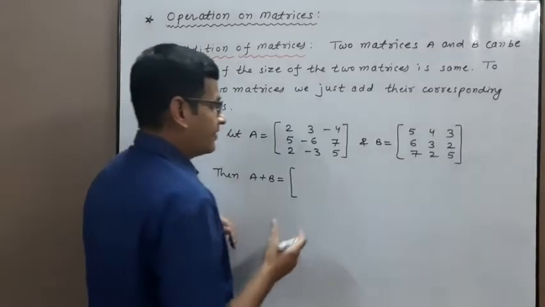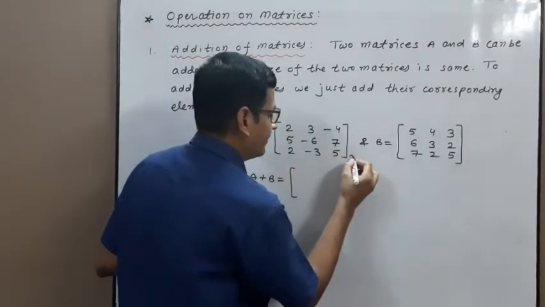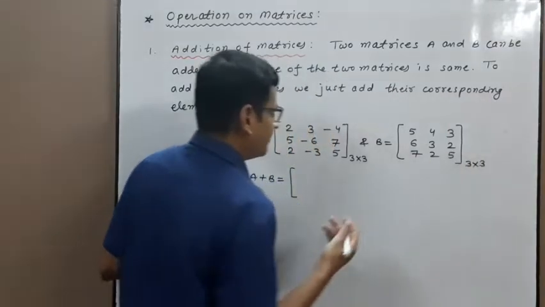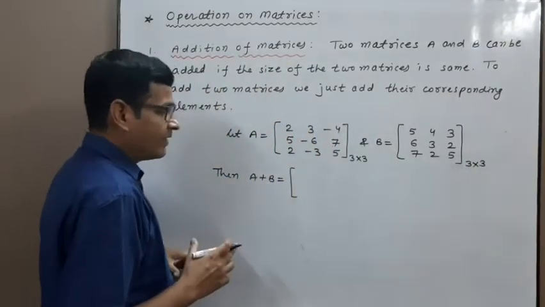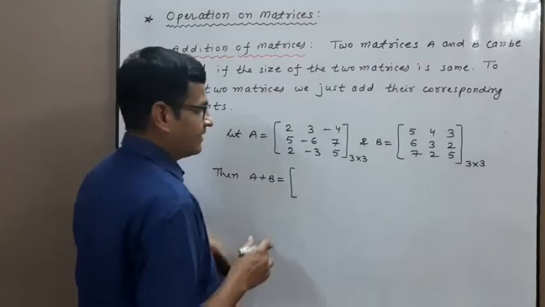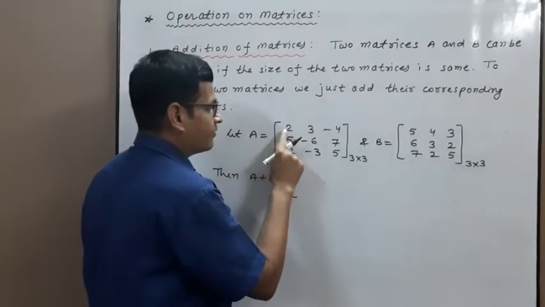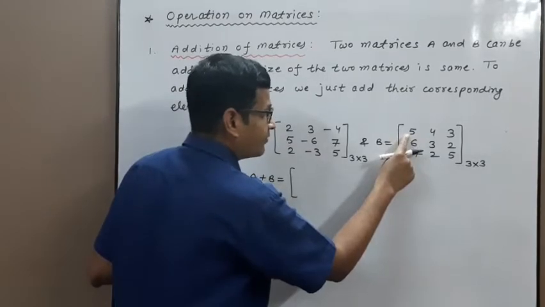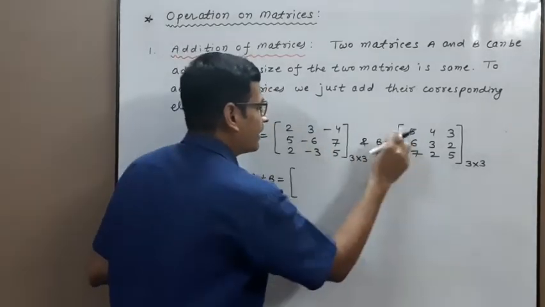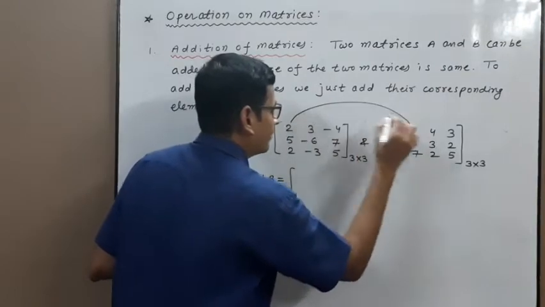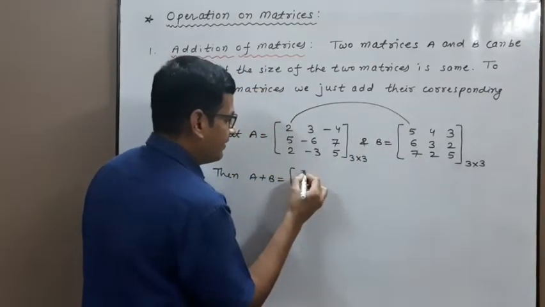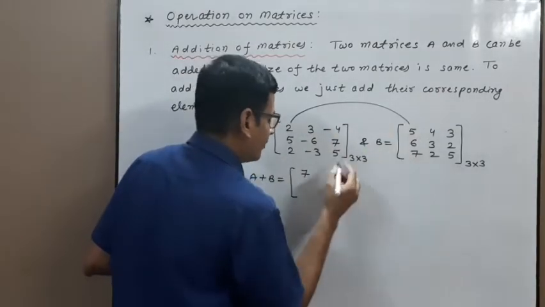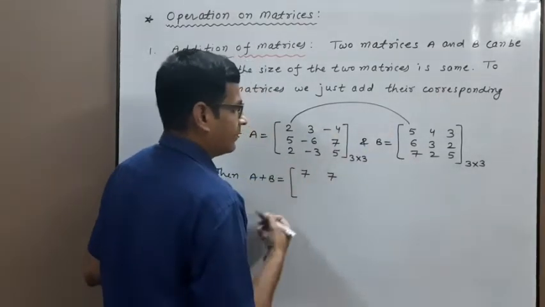First check the size of both the matrices. This is a 3 by 3 matrix and this is also a 3 by 3 matrix. Means we can add. To add two matrices, we just add their corresponding elements. Means the element of the first row first column with the element of the first row first column of the second matrix. So 2 plus 5, 7. 3 plus 4, 7.